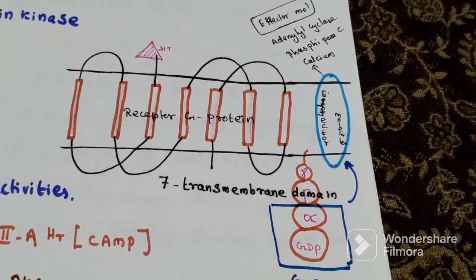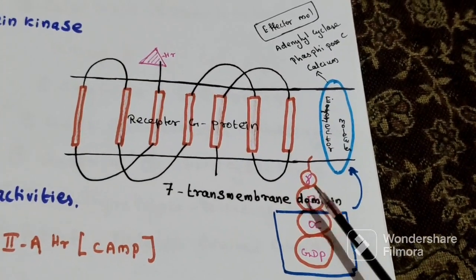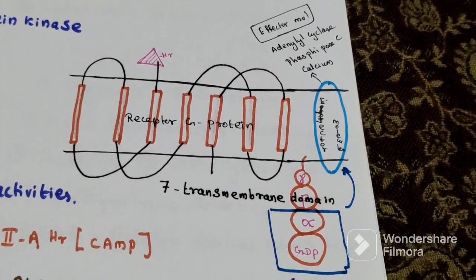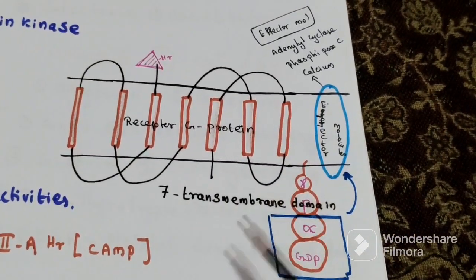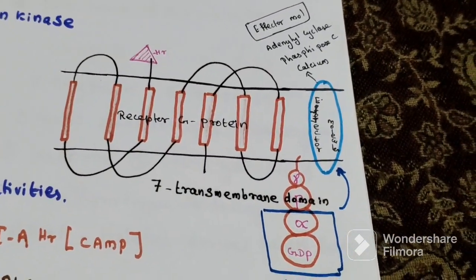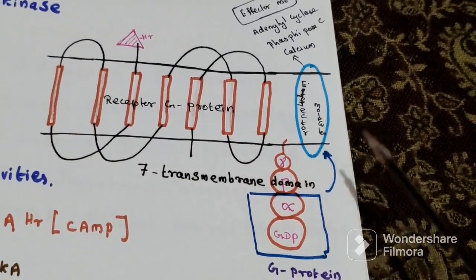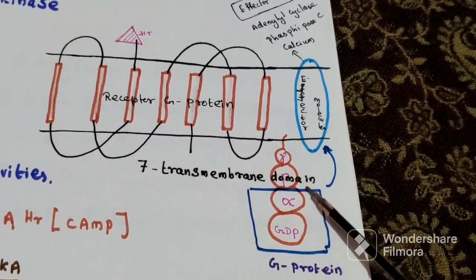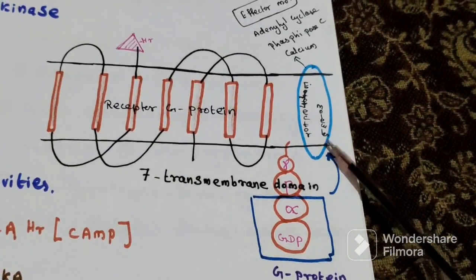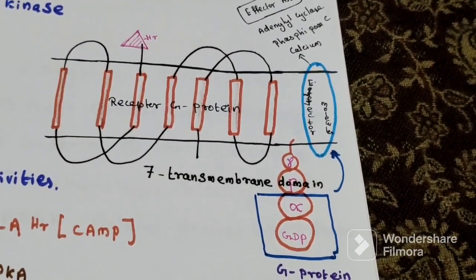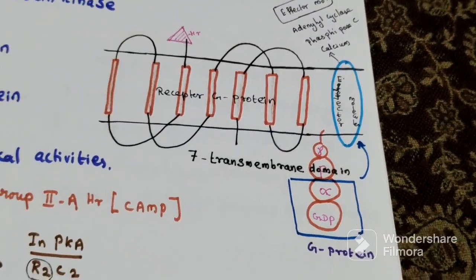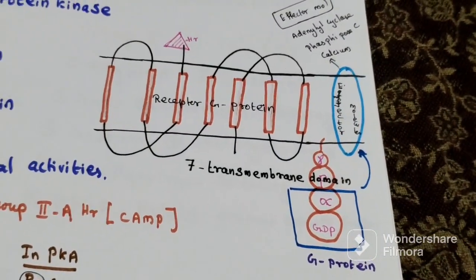Then it will separate into alpha, beta, gamma, and now it is active. These separated molecules will change the effector molecules, and this changes the biochemical response.